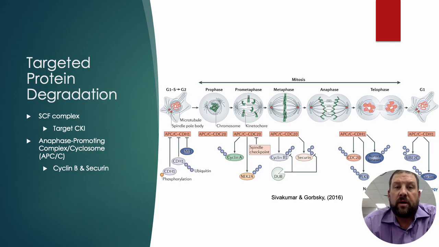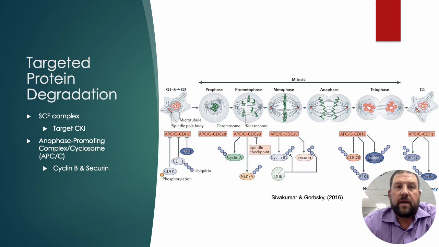Two important targets of APC/C are cyclin B and securin. Cyclin B normally activates CDK1 to drive mitosis, but to exit mitosis, cyclin B must be destroyed. APC/C takes cyclin B for degradation, which inactivates CDK1 and allows the cell to finish division.